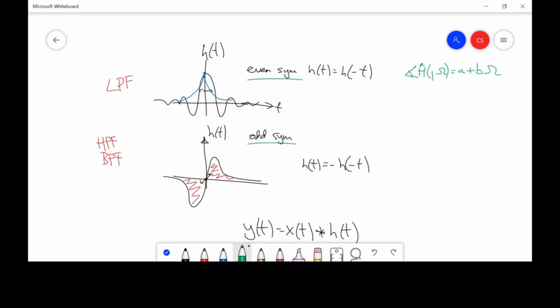The same for this one: the phase is a line. Actually, I think for symmetric it is 0, but I'm not sure. I don't want to state that. I think for even symmetric it must be 0, but I'm not sure about it.